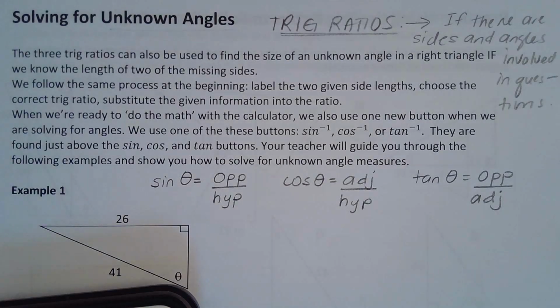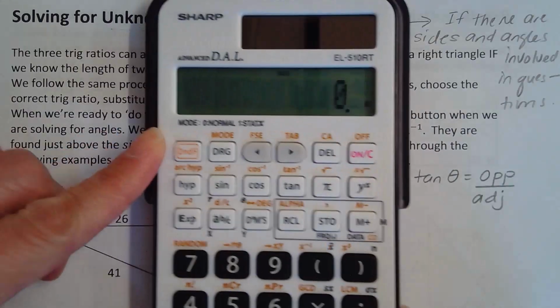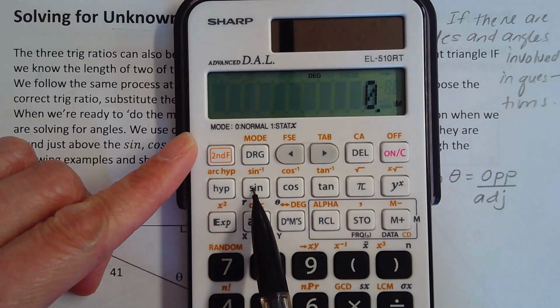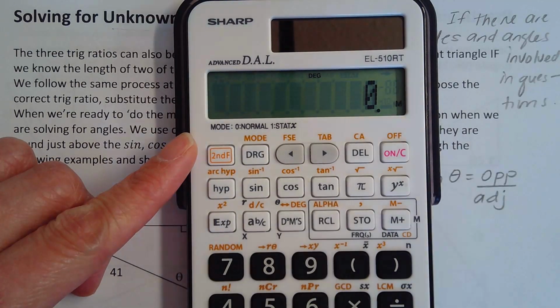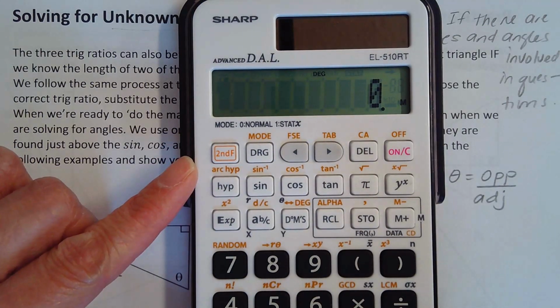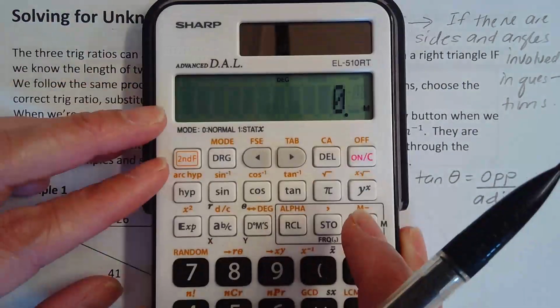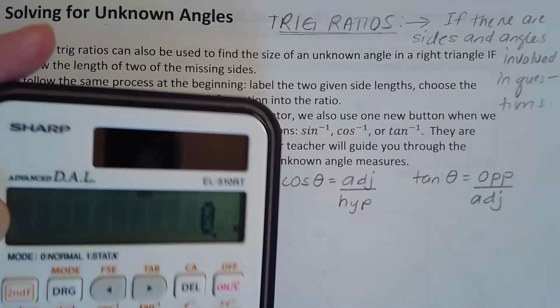So on your calculator, yesterday we were able to locate the sine, cosine, and tangent, right? Now, what we're going to do is take a look at the inverse. Okay, so let's give it a try.